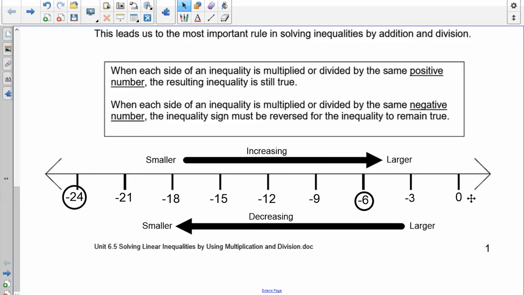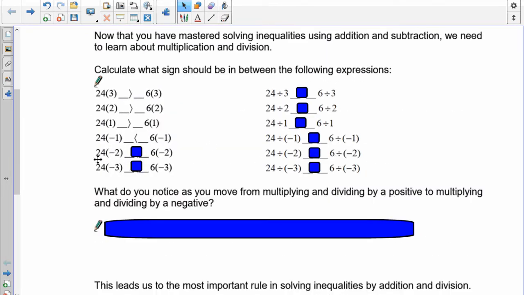So the moment we introduce the negative number, and we had negative 1 times 24 and negative 1 times 6, this was now smaller than this. When it was 1, it was the other way around. Let's go back up here now. So negative 24 times negative 2, that's negative 48. And 6 times negative 2 is negative 12. So negative 48 is further to the left than this one is, so that makes it smaller.